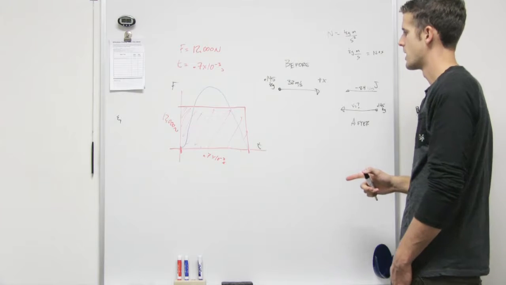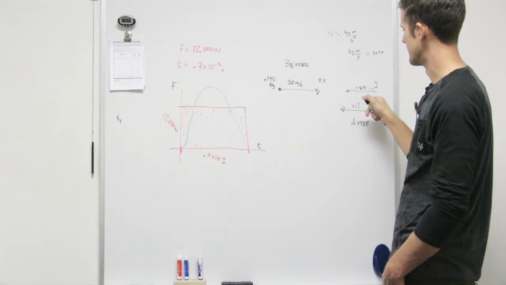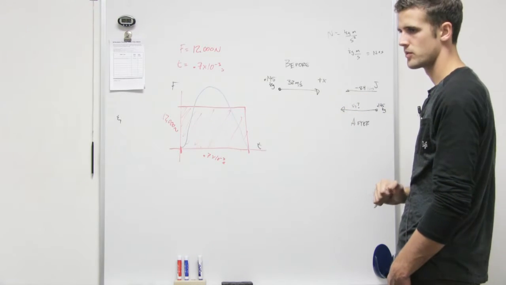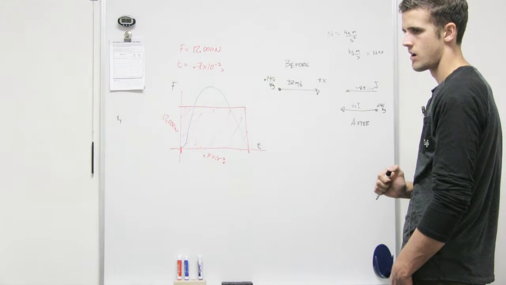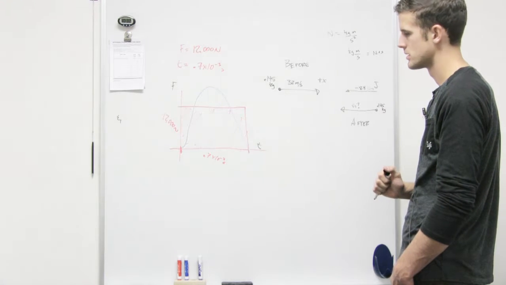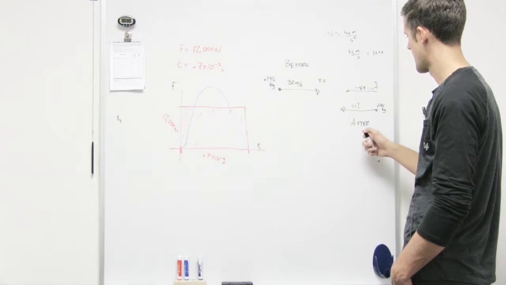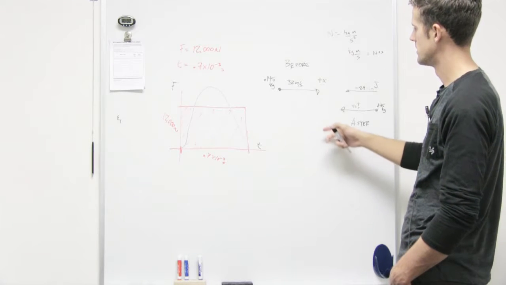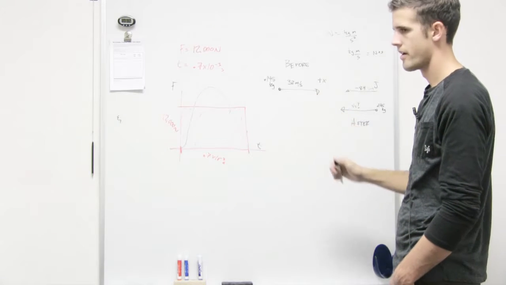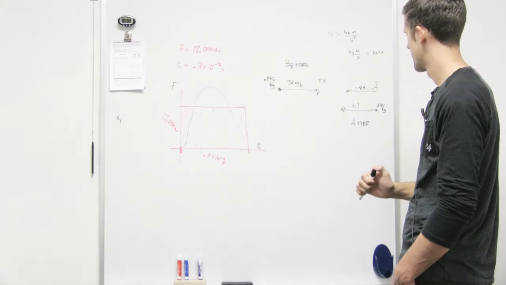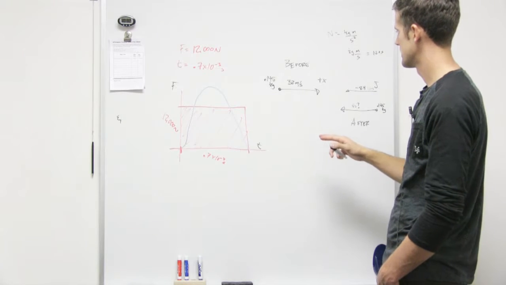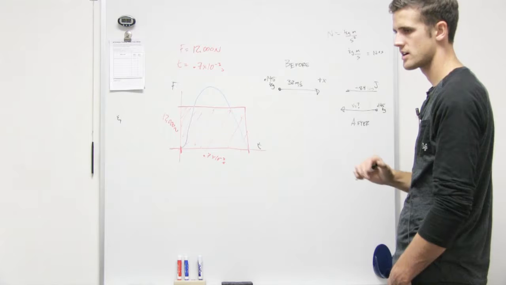And then you just add your impulse to your momentum before to get your after. So you just do 32 minus 8.4? Not exactly, because 32 is your velocity here.